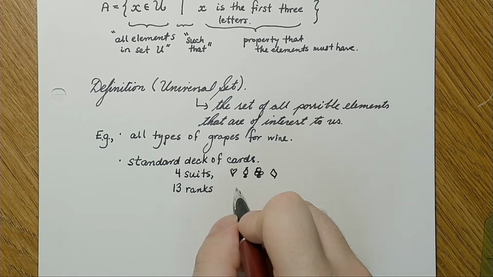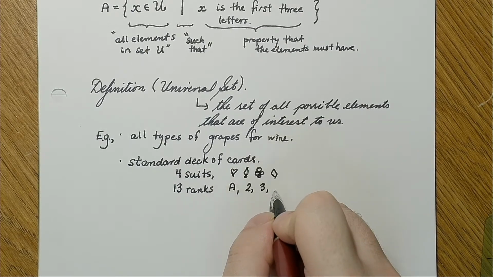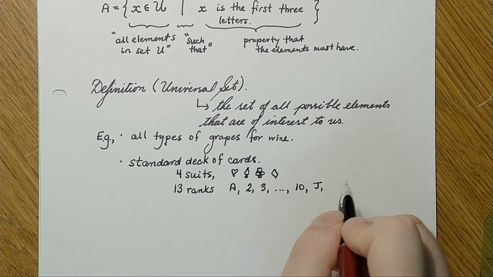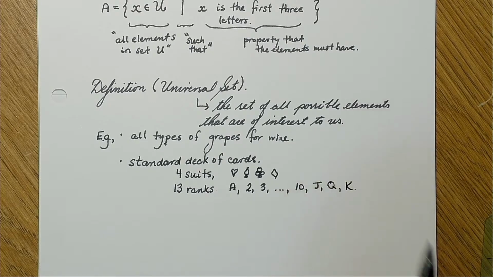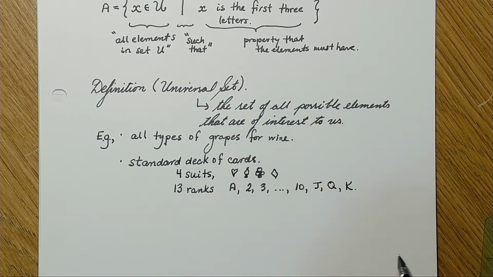And the ranks go ace, 2, 3, all the way up to 10, jack, queen, king. So there's the 10, and then the 11, 12, 13. So 52 cards.